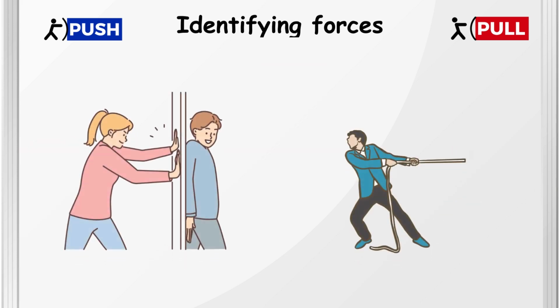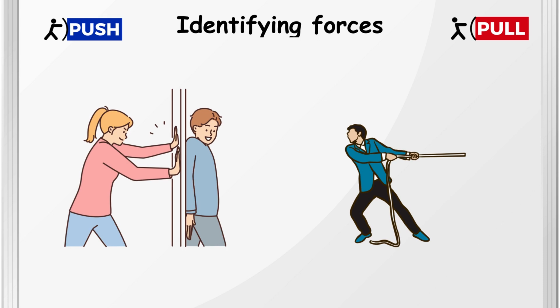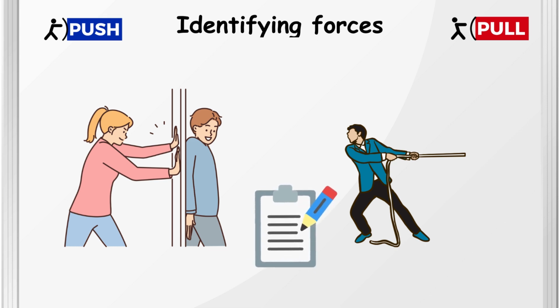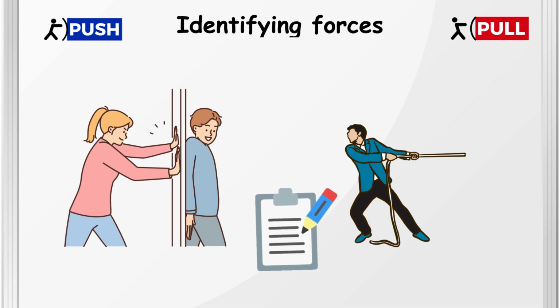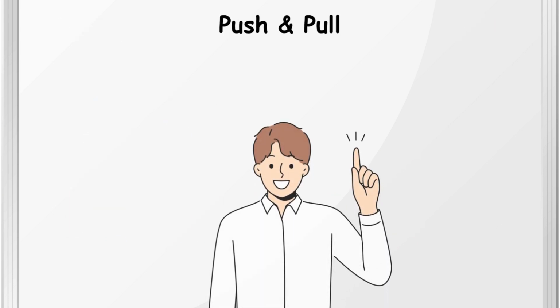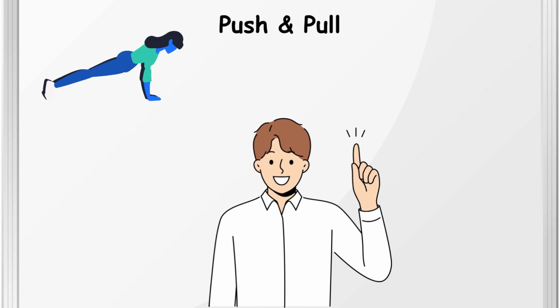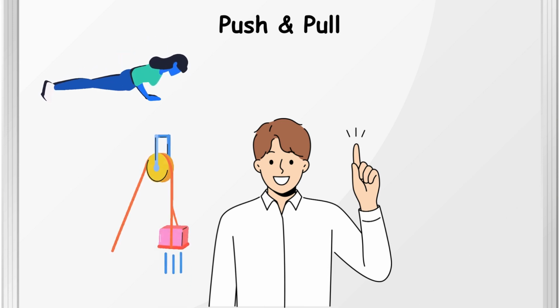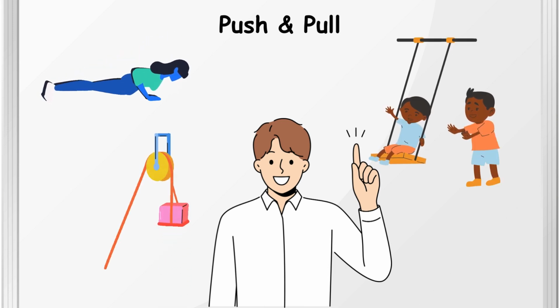You can even add more situations to this list. In each case, note whether it involves pushing or pulling and record your observation. As you've noticed, each action can be grouped as either a push or a pull, or sometimes even both.